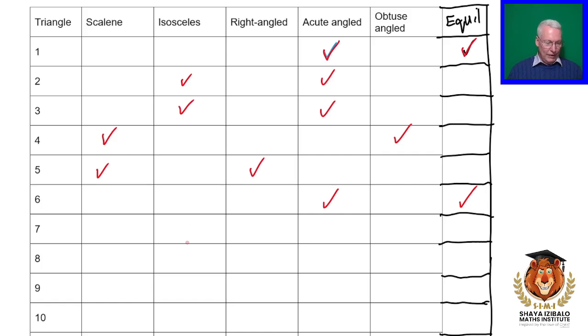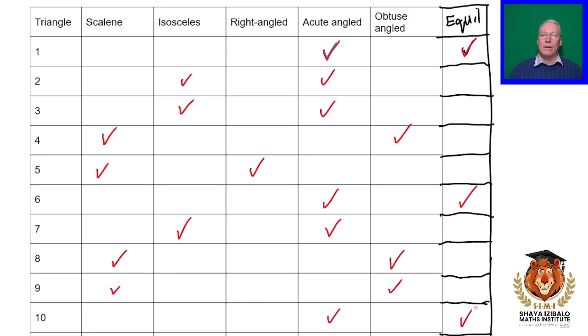Number 7 is isosceles and acute angled. Number 8 is scalene and obtuse angled. Number 9 is scalene and obtuse angled as well. Number 10 is acute angled equilateral.